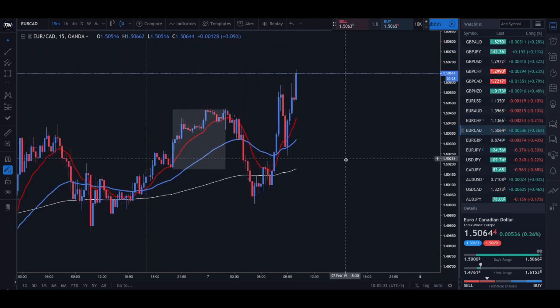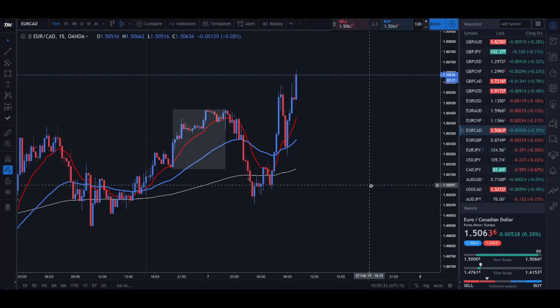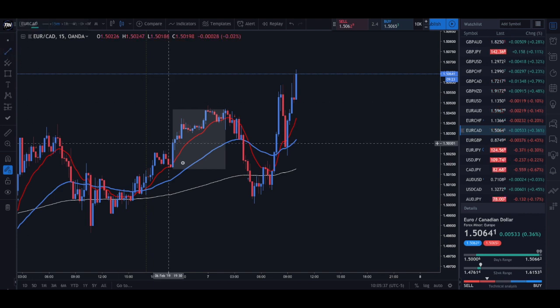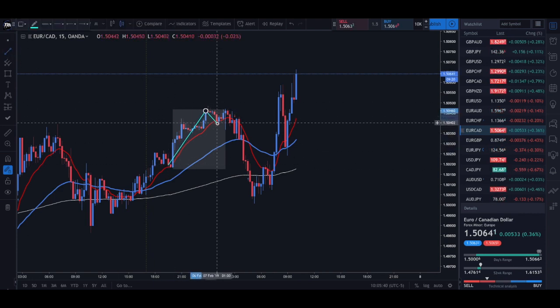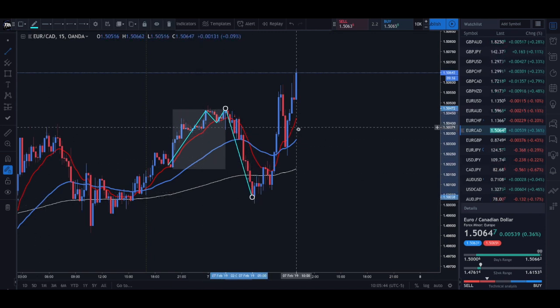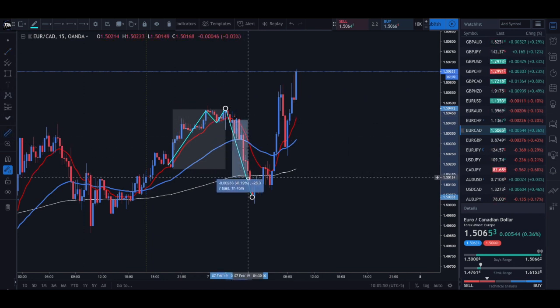Euro CAD also had multiple nice setups today. Right out of the Asian range, you see we had this. Another trade that we took, you can see the arrows. And this one was straight to the 200 EMA.